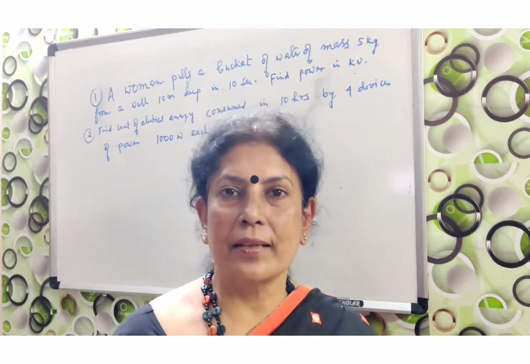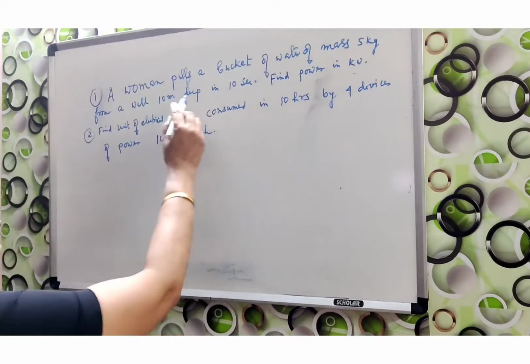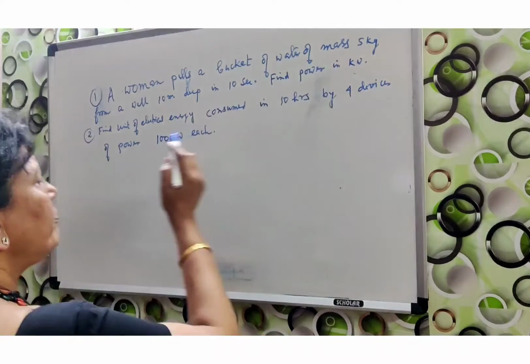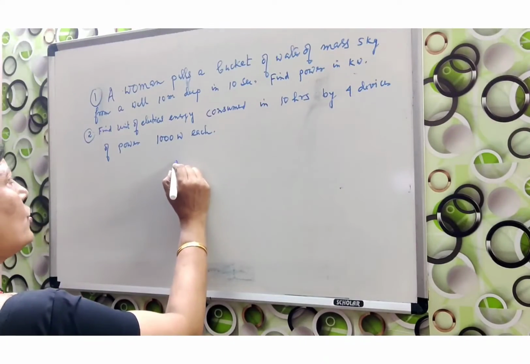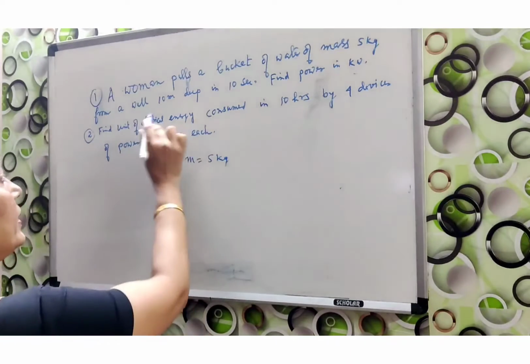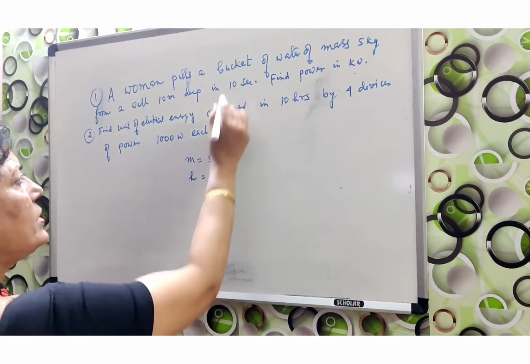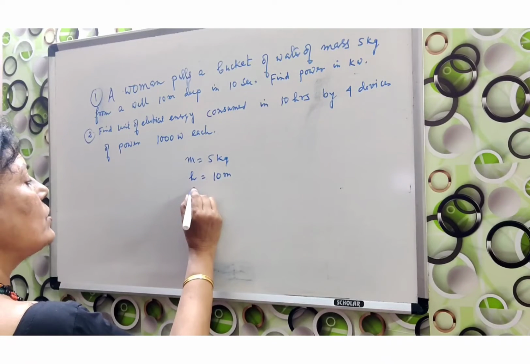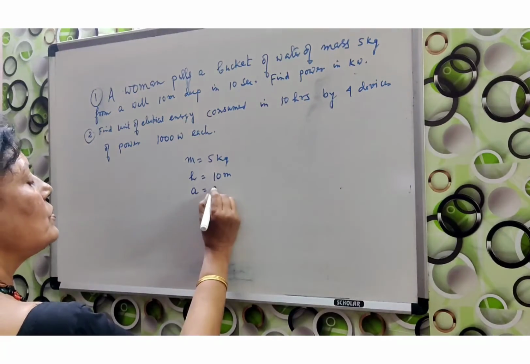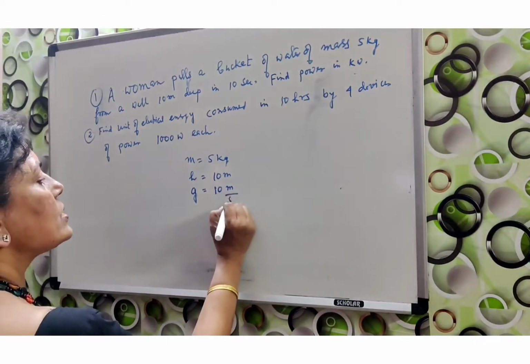Let us consider other problems. A woman pulls a bucket of water of mass 5 kg, so mass is equal to 5 kg, from a well 10 meter deep, so h is equal to 10 meter, in 10 seconds. Acceleration due to gravity is equal to 10 meter per second square.